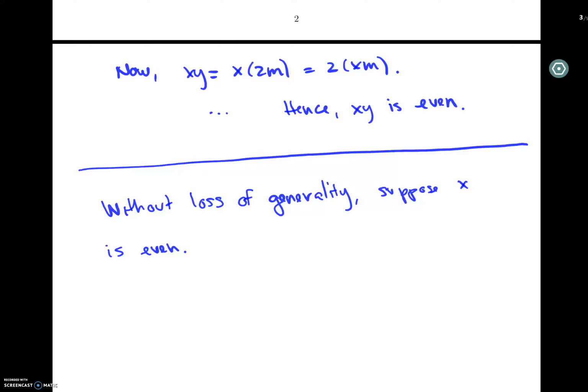Because the cases are exactly the same, whether we choose x or y to be even, this "without loss of generality" allows us to cover both possibilities in one single case. Be careful when using it that you aren't over-generalizing your proof. This can sometimes be tricky, so if you have questions, make sure you come talk to me.